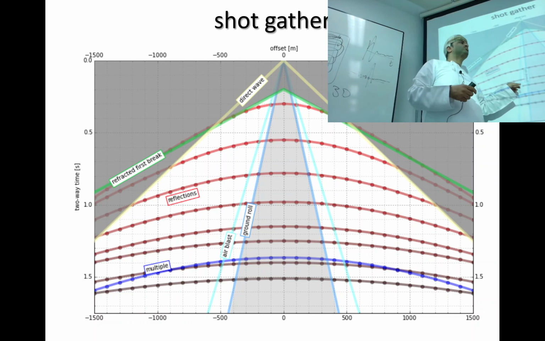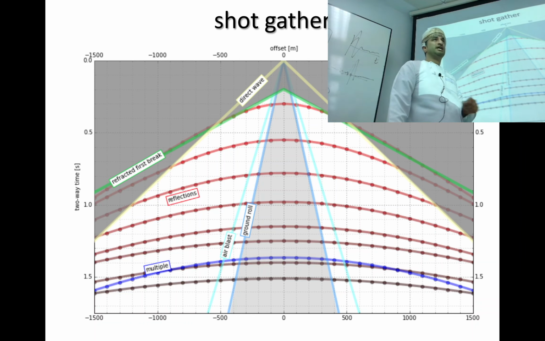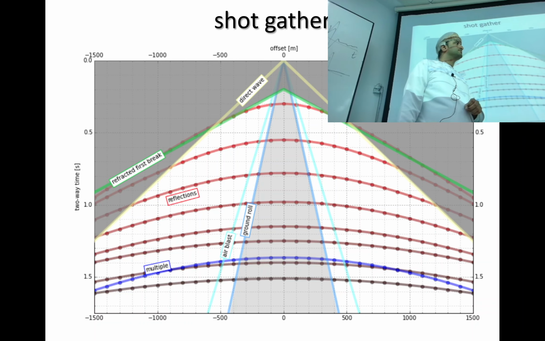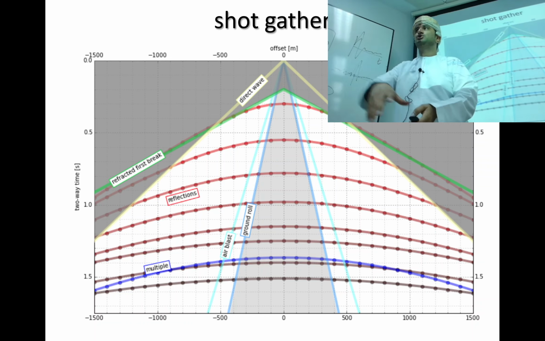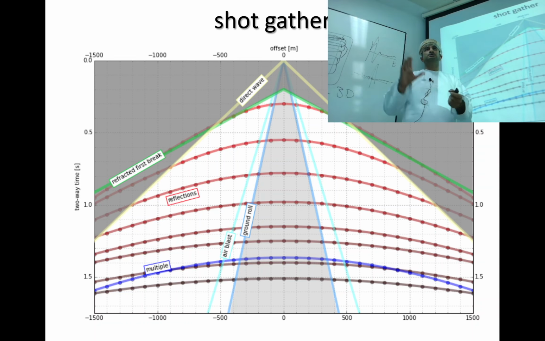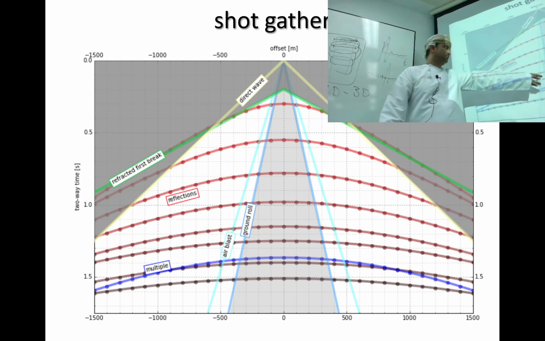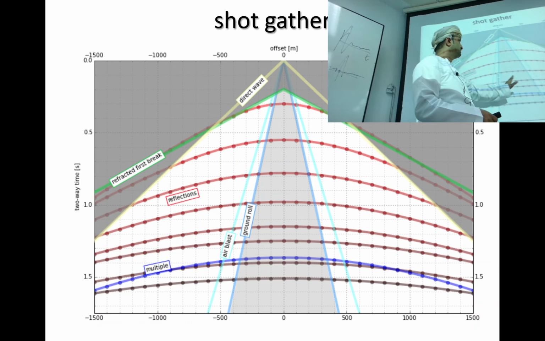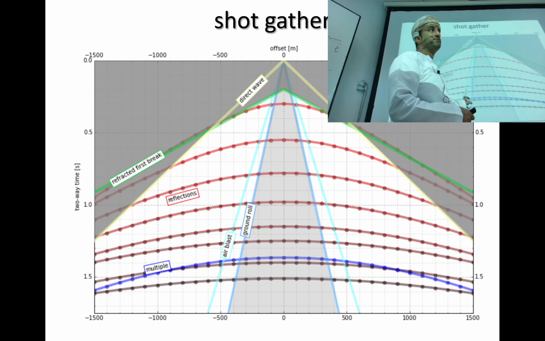Could you tell me one way, in the acquisition stage, to minimize this noise, the airwave? Perfect, yes. You bury your geophones to remove the airwave. At least, you cannot remove ground roll. The ground roll moves even in the rock. So this is ground roll. Does it look like ground roll has a higher or lower velocity than the airwave?